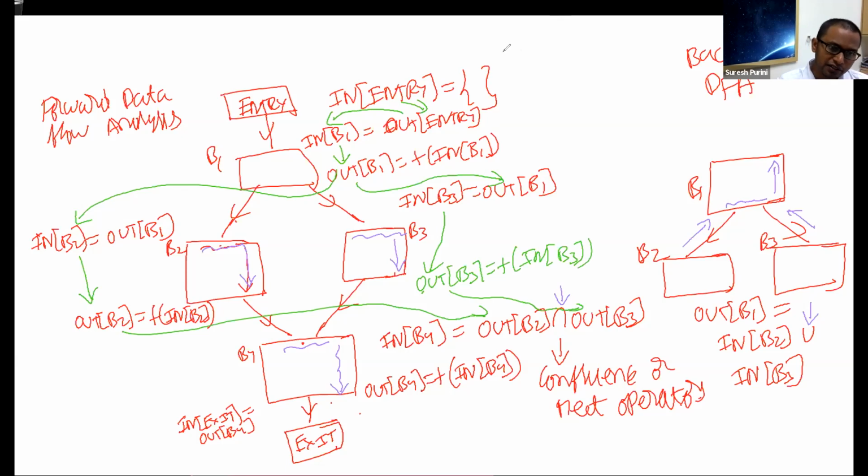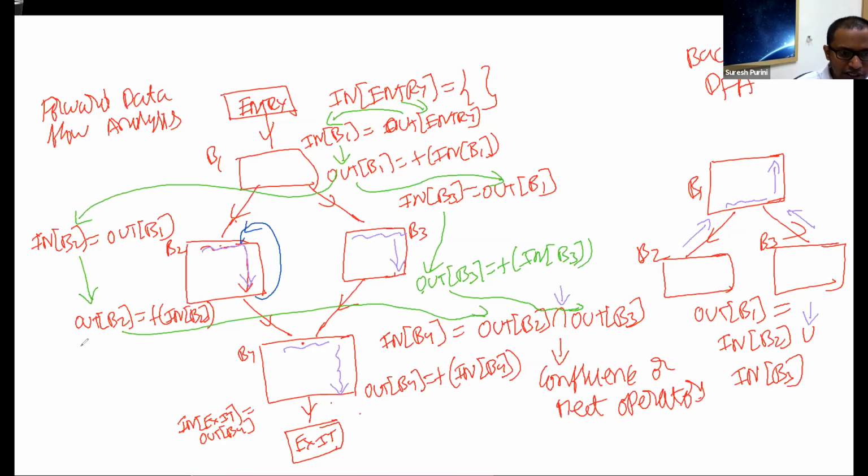But then, as we have seen in the last class, this becomes an issue if there is a cycle in the control flow graph, which is usually the case. So let's say we have a cycle like this.